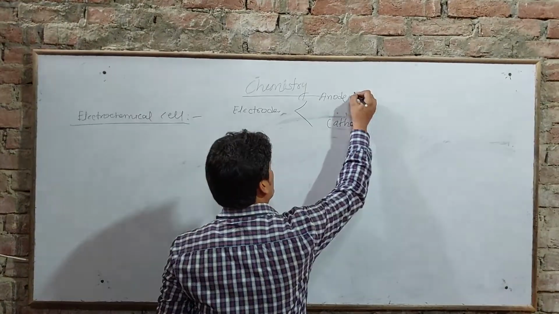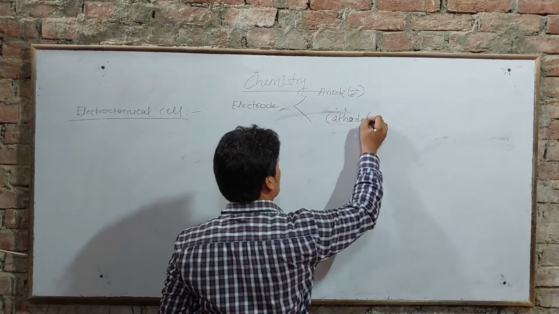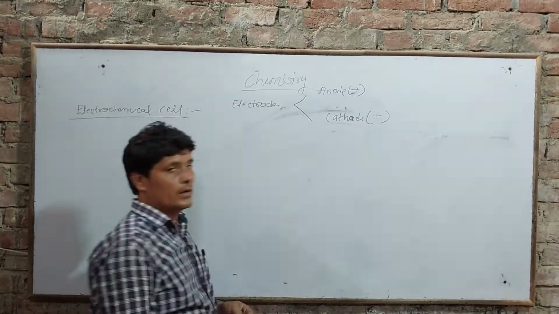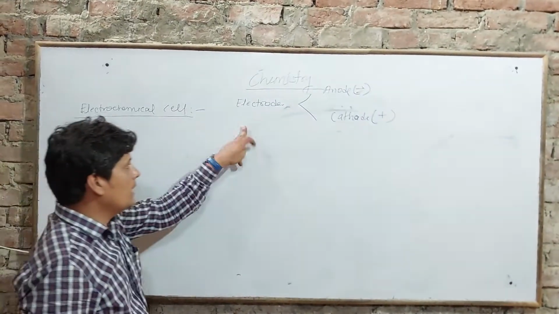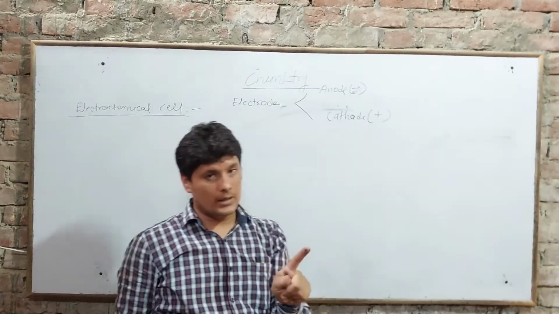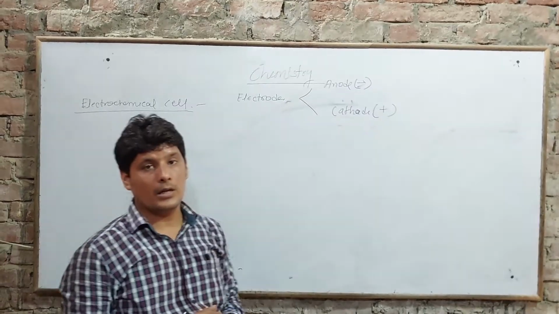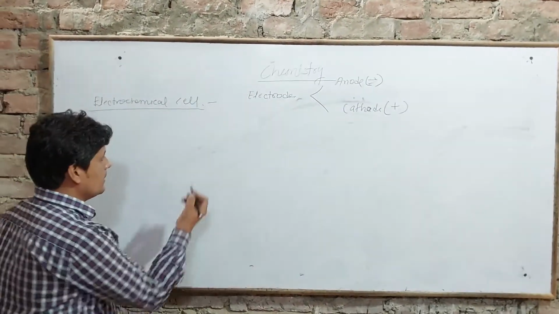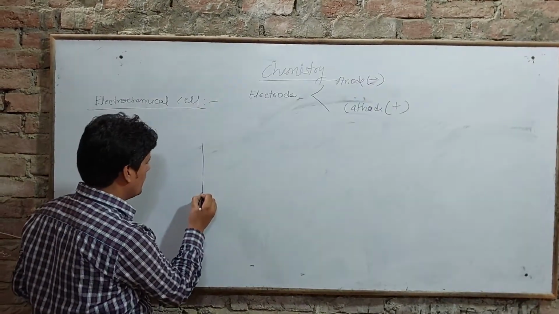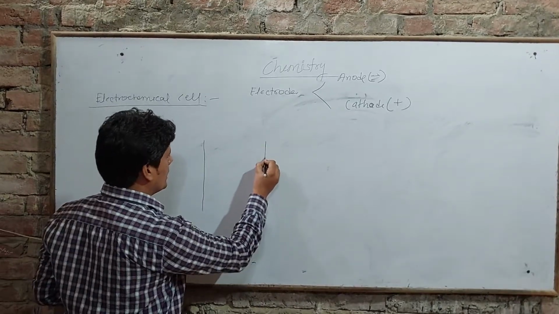Anode is negatively charged, while cathode is positively charged. One electrode may make a half cell, while when both electrodes are joined they make a complete cell.